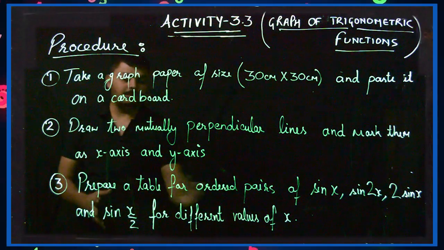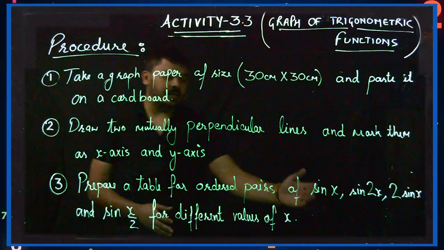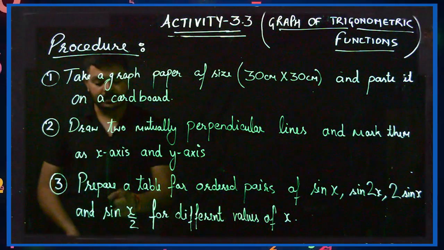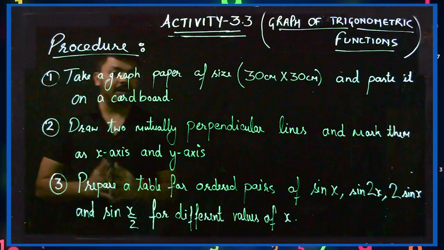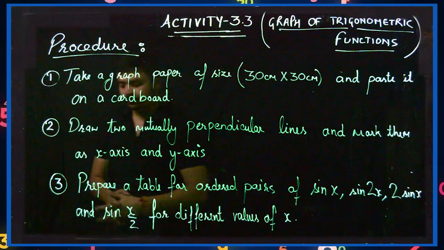So prepare a table for ordered pairs of sin x, sin 2x, 2 sin x and sin x by 2 for different values of x.